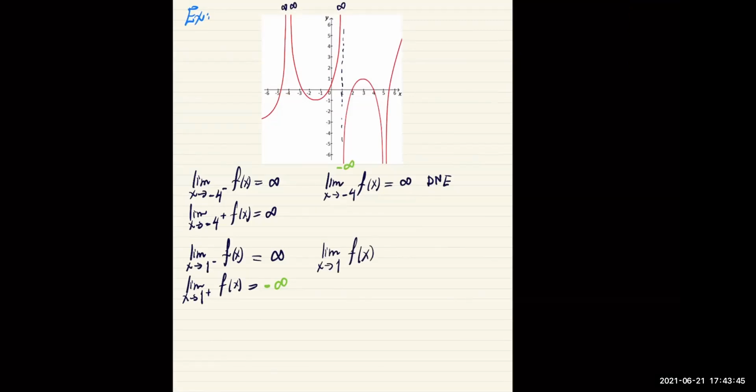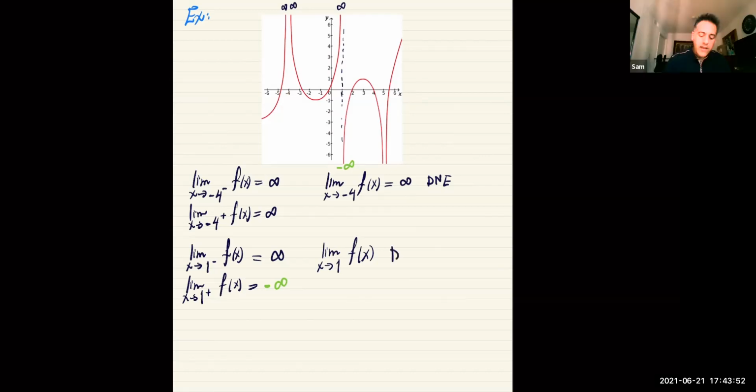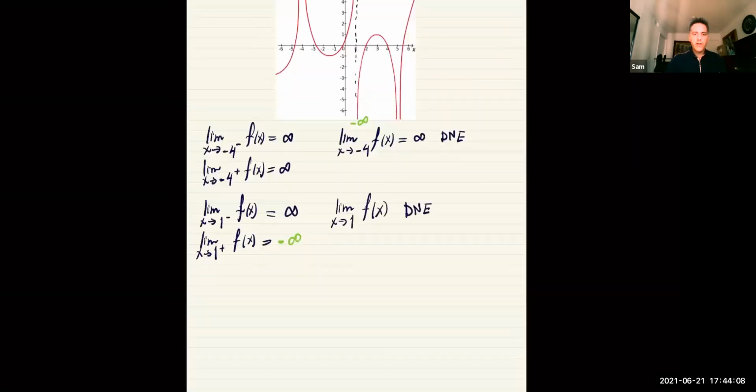It's infinity, but it doesn't exist, because it's not the same. We cannot describe this, it's just a DNE. I can't say it's infinity or negative infinity because they're not the same infinities. You just say DNE right here.